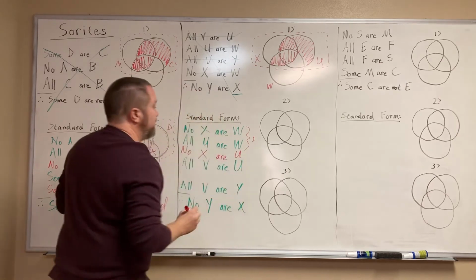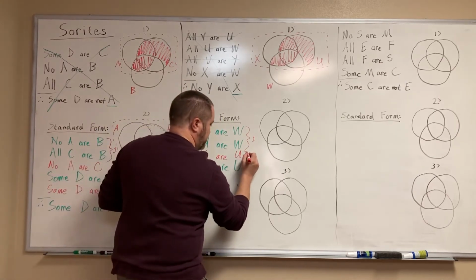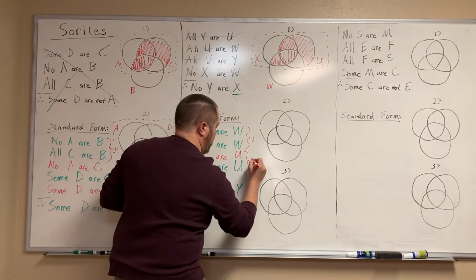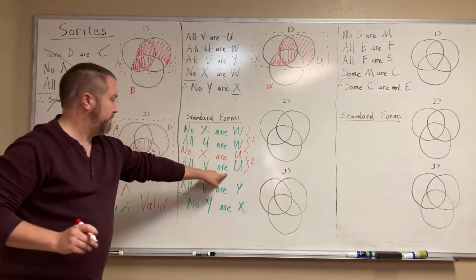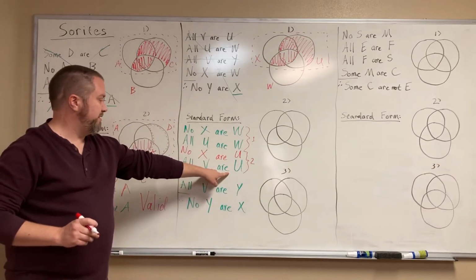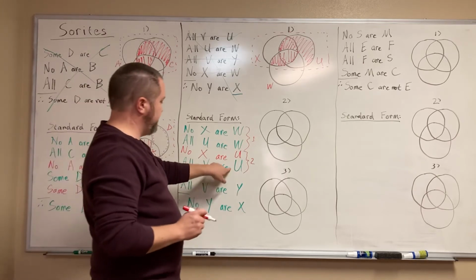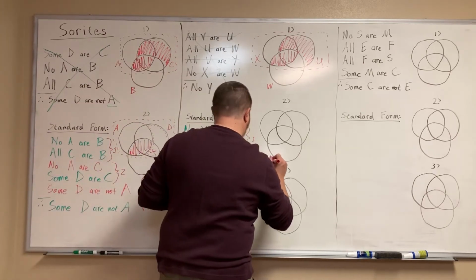So we're going to take this sub-conclusion and the second premise and fill out a Venn diagram for that. So let's label these. U is used twice, so that's our middle term.